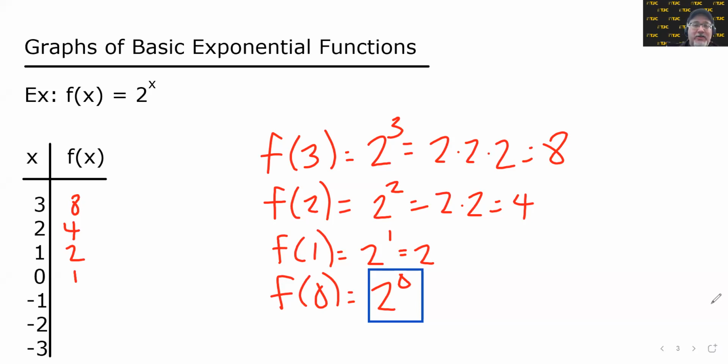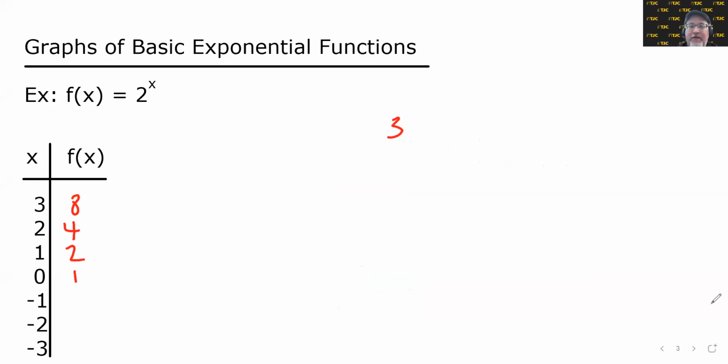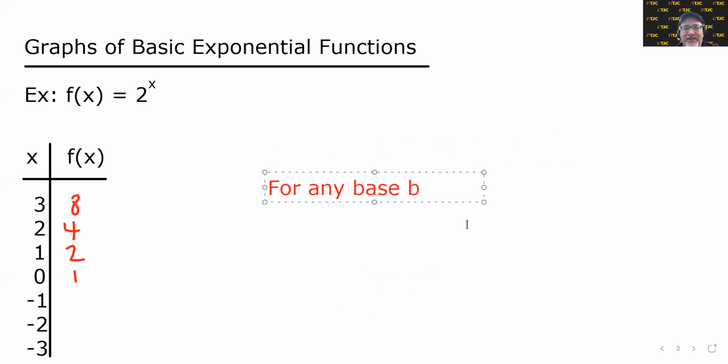In fact, we can say something a little bit more general than that. We can say the following: for any base b that's not equal to 0, b to the 0 power is equal to 1.